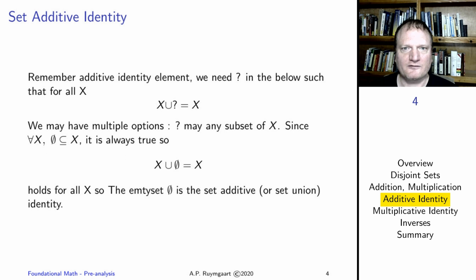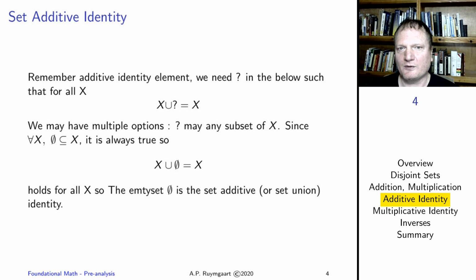Remember, for an element to be an identity element of an operation, we must have that for all elements x in our domain, x operation question mark, where question mark is our identity element, equals x. So x union question mark must equal x. So we must find an element where the union with any set results back in that set.